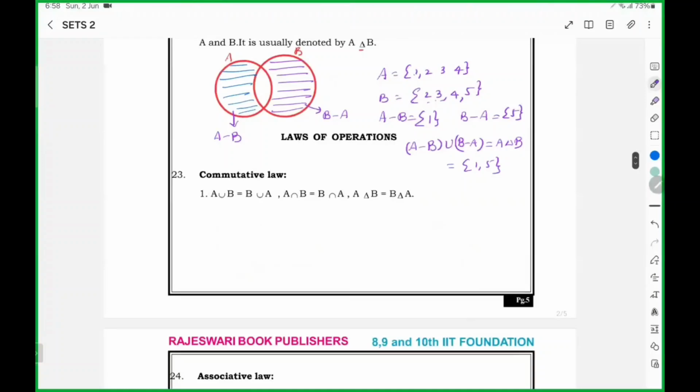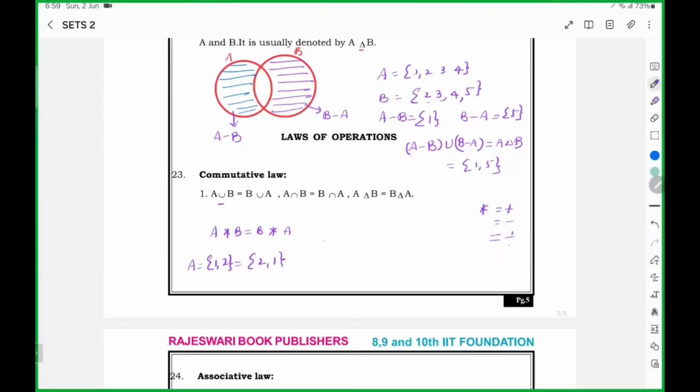Commutative law means, generally, commutative law with respect to star, some star in the sense some operation. Star can be plus, minus, division, any symbol. But with respect to union, if you write A as 1, 2 or 2, 1, there is no difference.